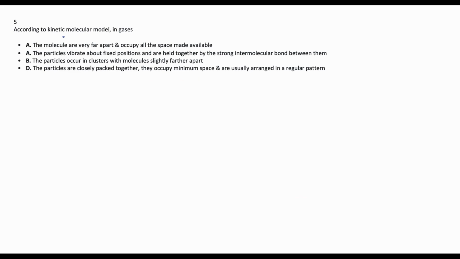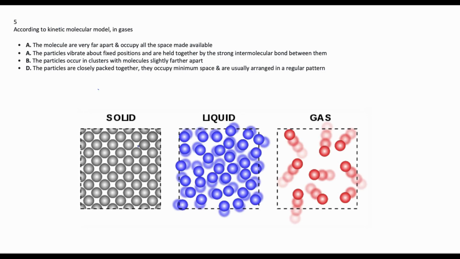Question 5 says, according to the kinetic molecular model in gases, and then we're given a bunch of options and told to choose the answer. Now before we go through our options, let's look at what the molecular models of solids, gases, and liquids are. For solids, the particles are tightly packed, usually in a regular pattern. They vibrate a little bit, but they do not generally move around from place to place.